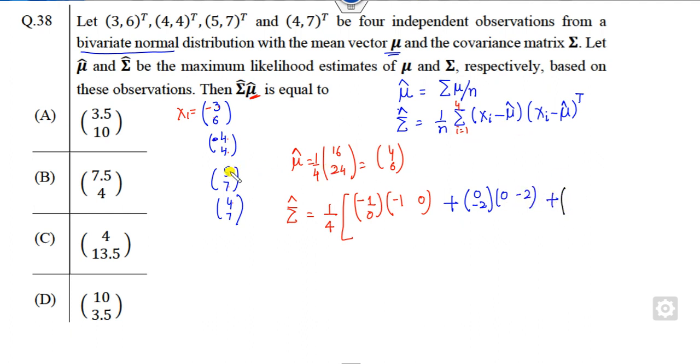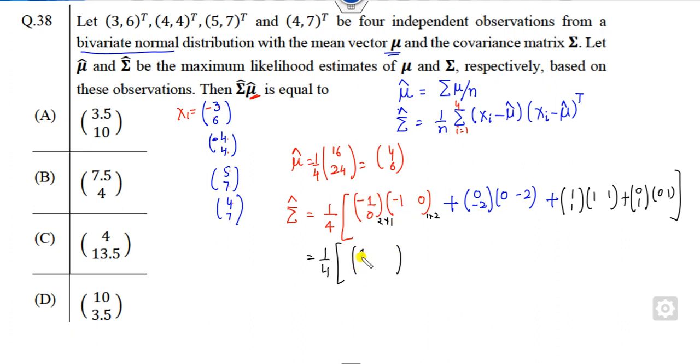For the third pair, it's (1, 1) times (1, 1) transpose. For the last pair, it's (0, 1) times (0, 1) transpose. Since it's a 2 cross 1 times 1 cross 2, it will be a 2 cross 2 matrix.